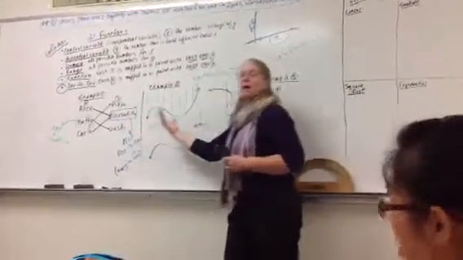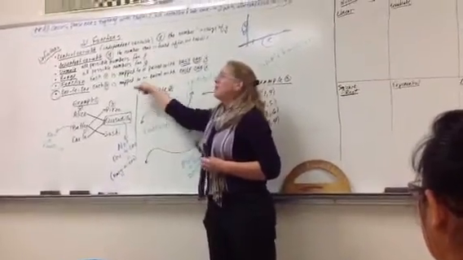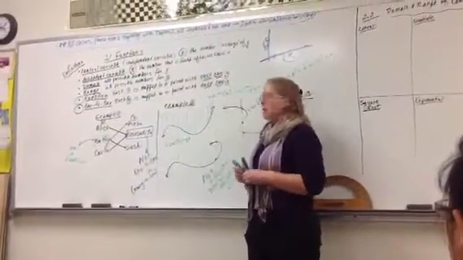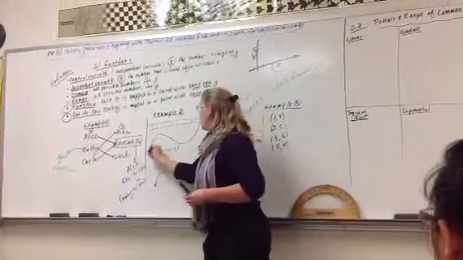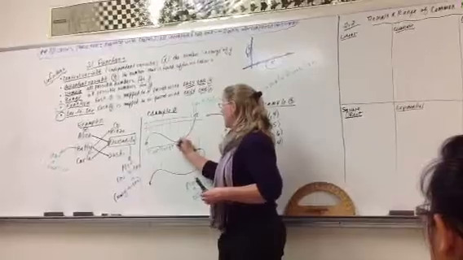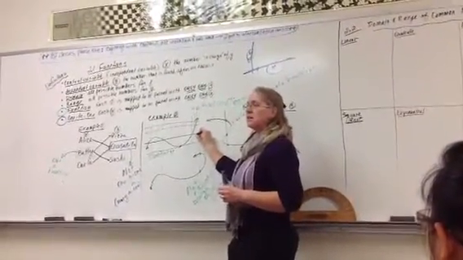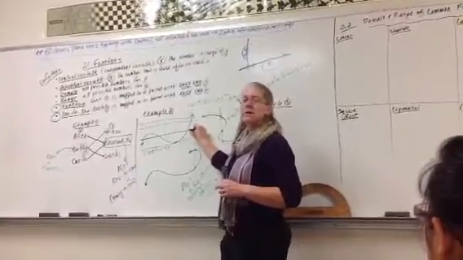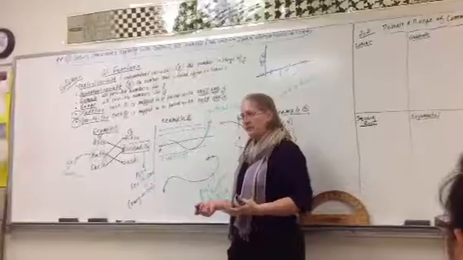So let's go back. One-to-one. Is this one going to be one-to-one? No. Is each y value mapping to only one x value? No. Now, this one fails. What test is it going to be called? Horizontal line test. Math is not creative.